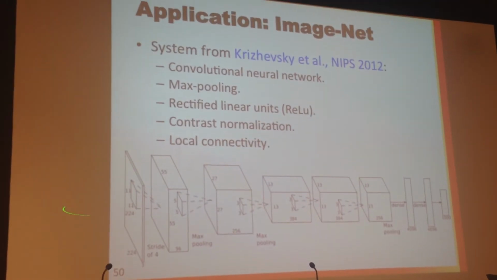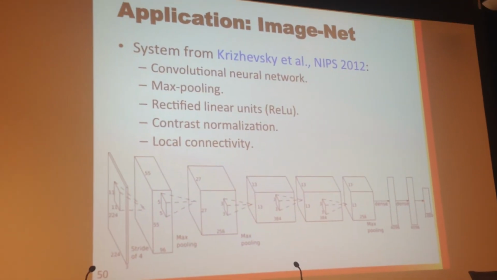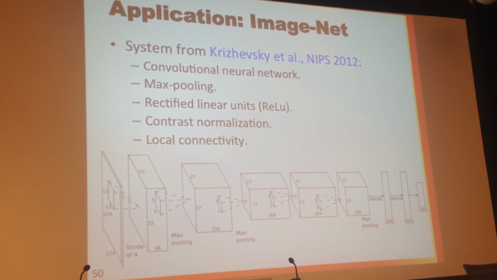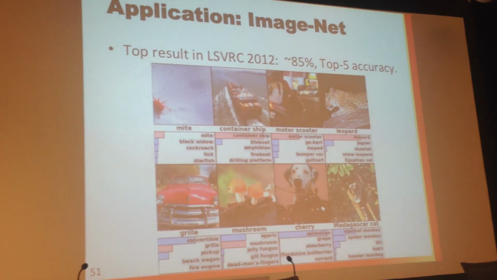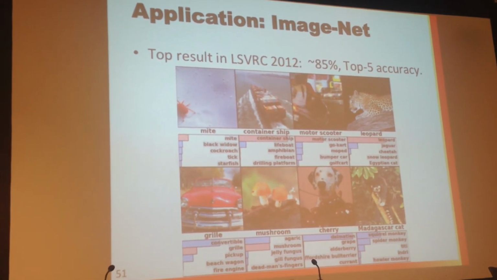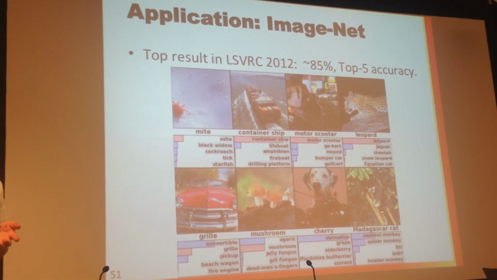So let's see. It turns out that if you implement this thing, Alex Krizhevsky, Ilya Sutskever, and Geoff Hinton are the ones responsible for this particular network. They trained it on a couple of GPUs on the ImageNet challenge data set. If you've seen ImageNet, it's this cool online image database with millions of labeled images.